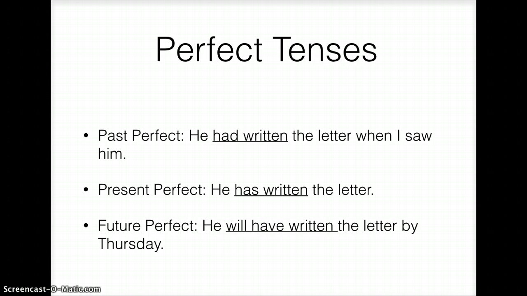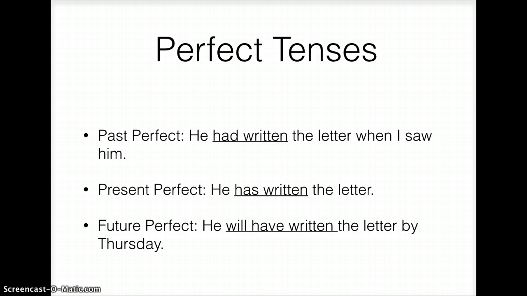Okay, perfect tenses. Past perfect, he had written the letter when I saw him. Present perfect, he has written the letter. Future perfect, he will have written the letter by Thursday. So past, present, future, we just went over what those simple tenses are. When you add perfect in, perfect is referring to a specific time.